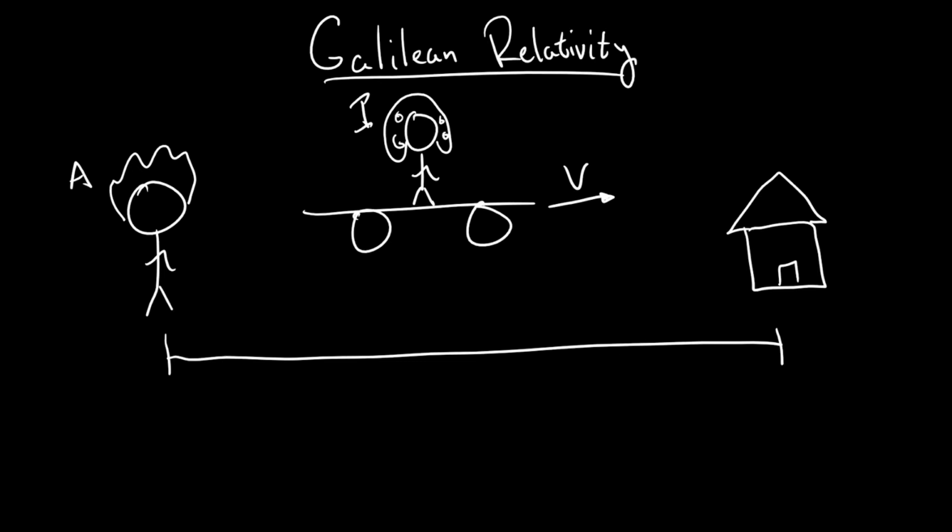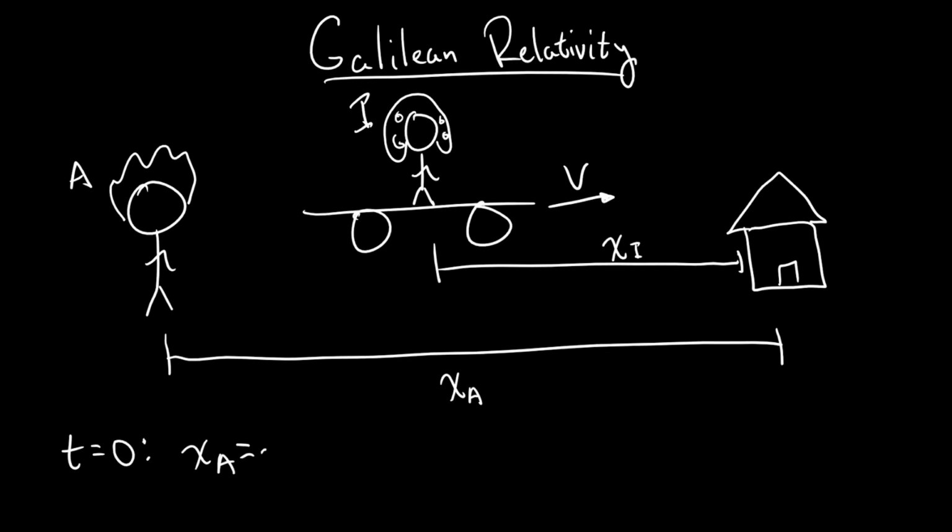So now Albert is going to measure some distance to this house. We'll call it XA. Isaac is going to measure some different distance, call it XI. Now, say that when all of this started, so when time t equals 0, we'll say that XA is equal to XI.